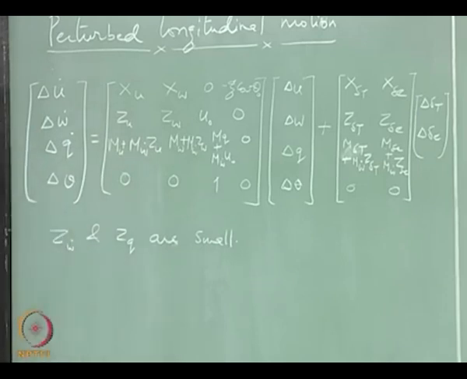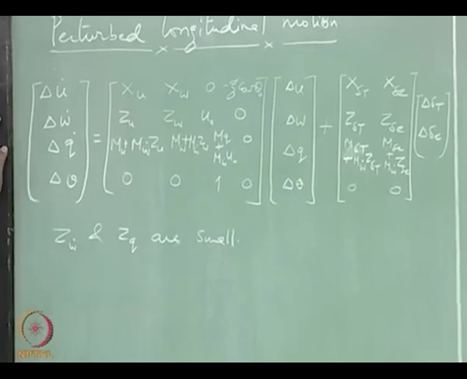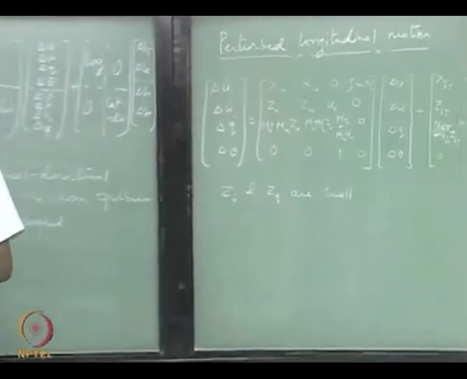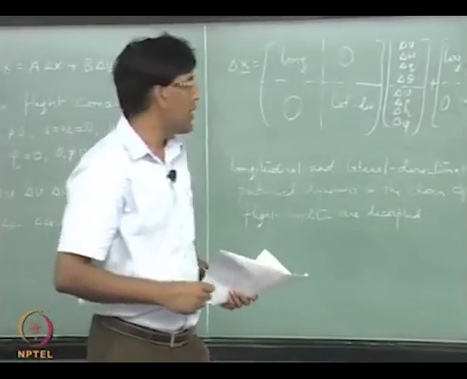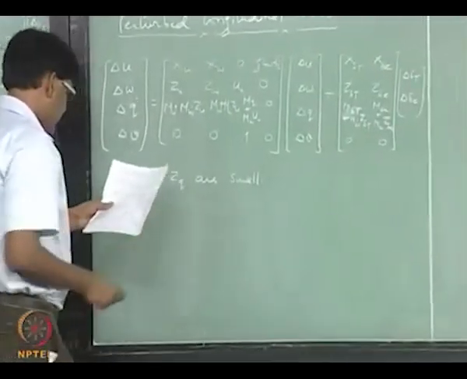If they are significant, you have to keep them. So, I am only trying to look at a form where we can do some analysis analytically, right. I do not have to depend upon a computer for doing an analysis in this case.